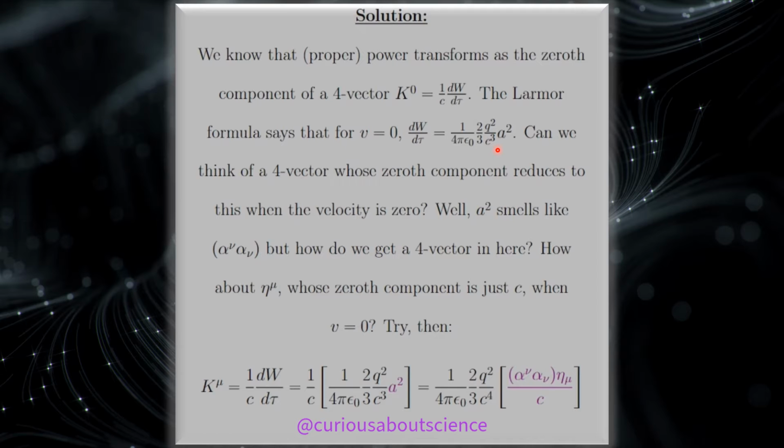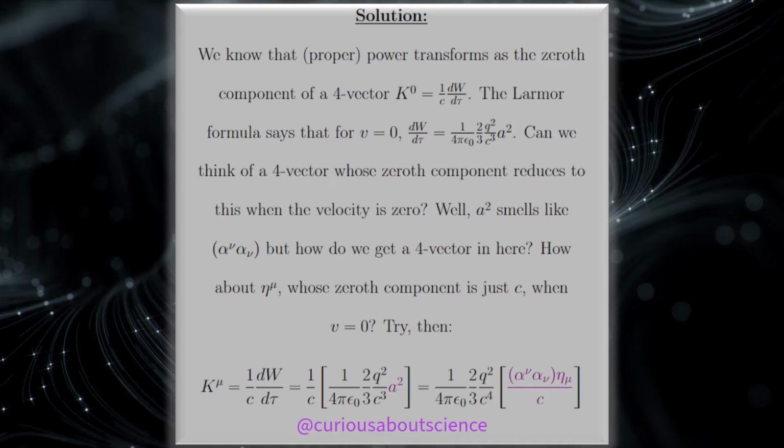And so what we need to do is be careful about this, because a squared is actually a dot product of a and a. So we're going to have to be careful with how relativity uses 4-vectors. What we need to do is think of a 4-vector whose 0th component reduces to this when the velocity is 0.